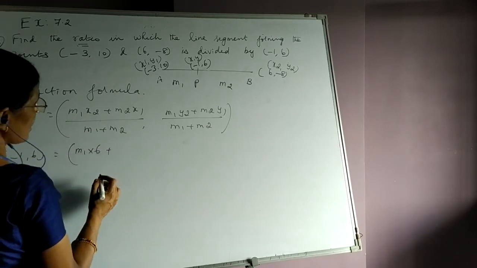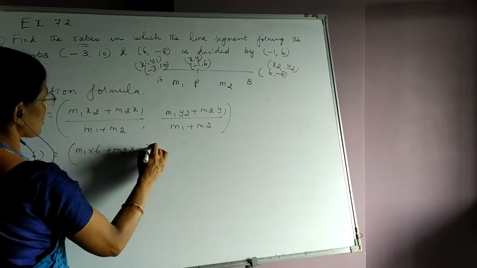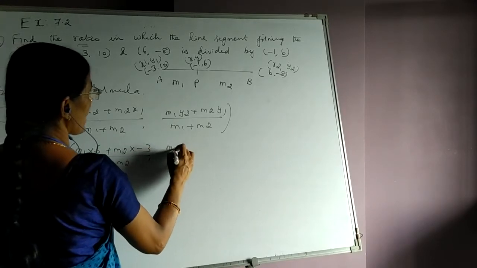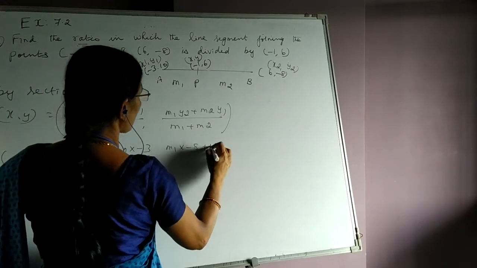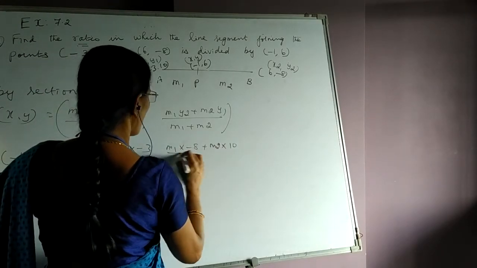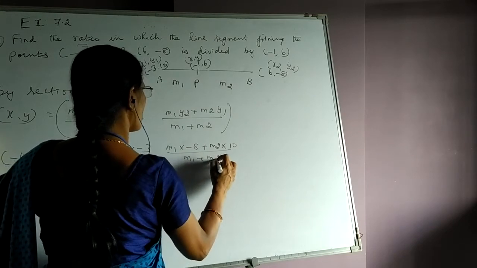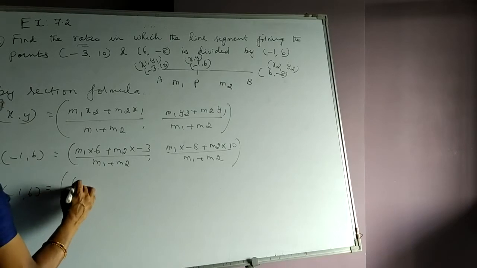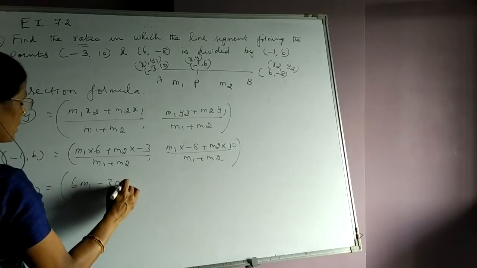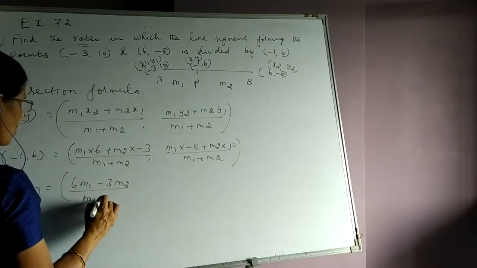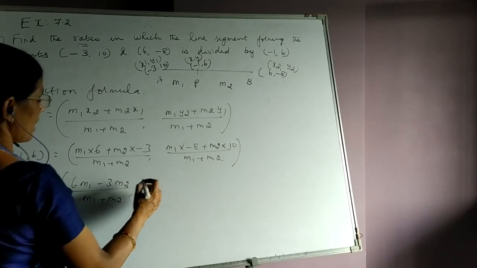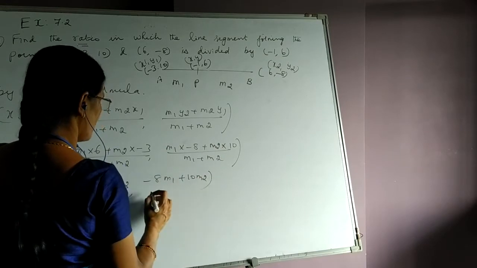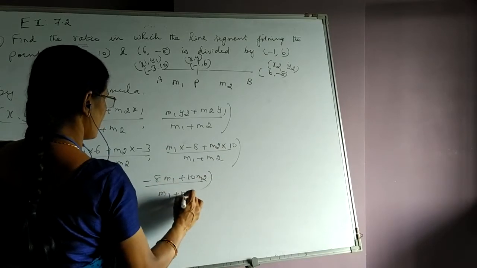The x2 value is 6, m2, x1 is minus 3, m1 plus m2. m1 y2 plus m2 y1 upon m1 plus m2. Simplifying, we get minus 1, 6 m1 minus 3 m2 upon m1 plus m2, and here minus 8 m1 plus 10 m2 upon m1 plus m2.